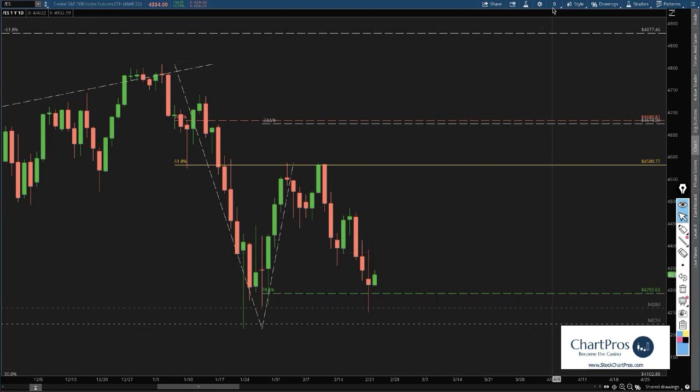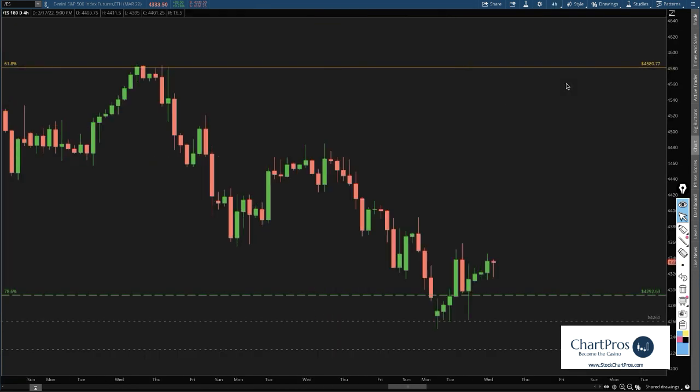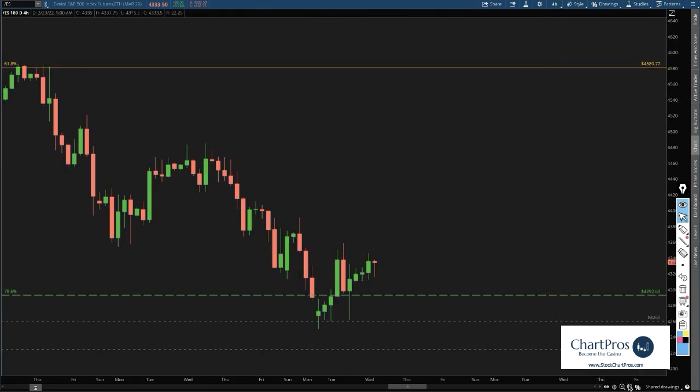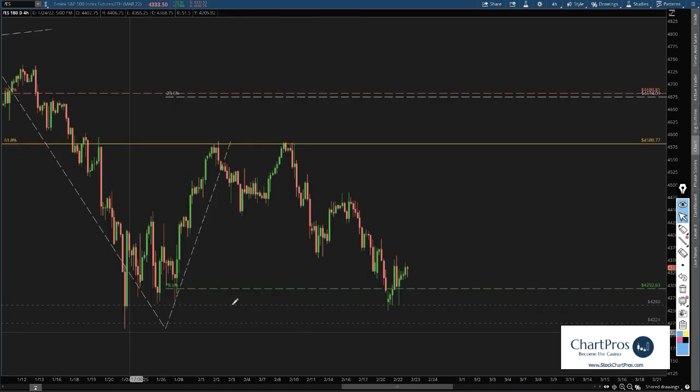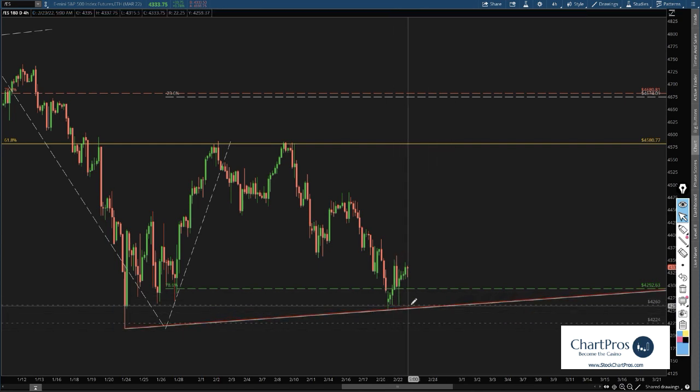So as we whittle this thing down to where we are right now, price can always do whatever it wants, whenever it wants, and go in any direction for any particular reason. But if I were to narrow this down from a day trader, remember we started at the monthly, as to what could possibly happen. We've got a couple levels, pretty much a zone, an area of support that's held a couple of times.